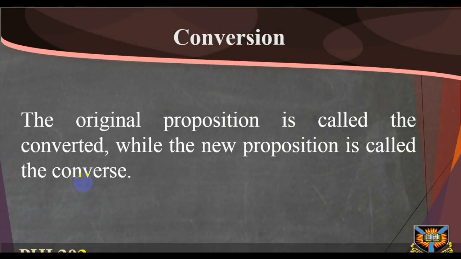A proposition. Convertend. All men are politicians. Converse. All politicians are men. E proposition. Convertend. No men are politicians. Converse. No politicians are men.